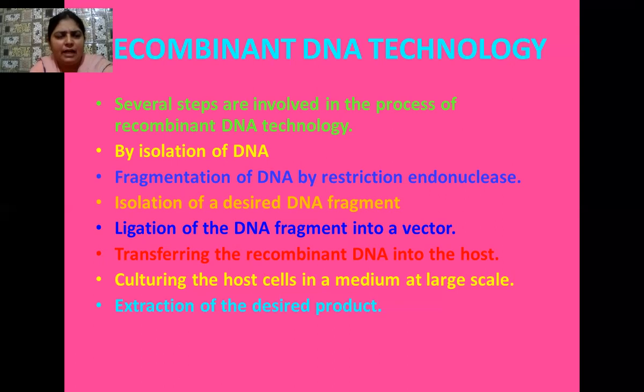We extract the desired product from the host cells in which we have done the cloning, and later we launch it in the market. This last step is known as downstream processing, which involves purification, separation, clinical testing, or various types of testing, and the launching of this product into the market.